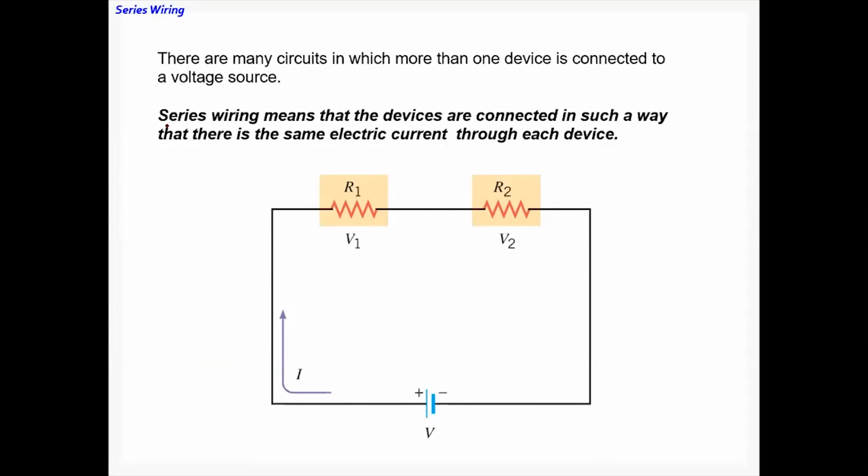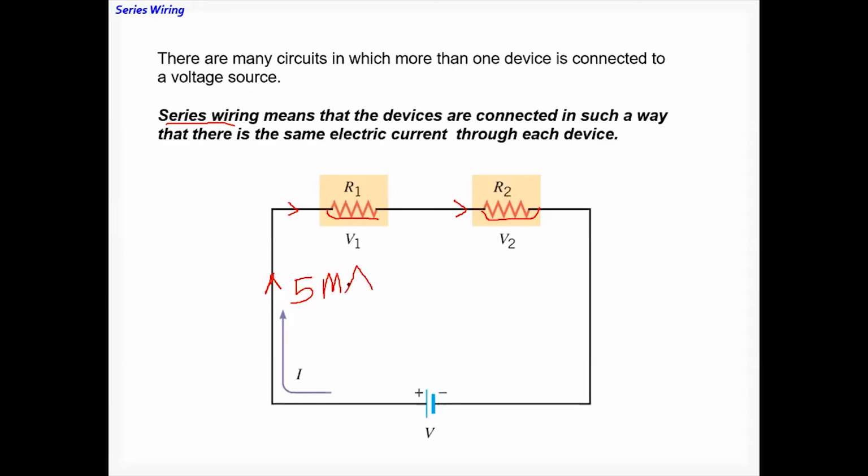Series wiring means that devices are connected in such a way that there is the same electric current through each device. Suppose you connect this resistor and that resistor in this fashion. Then whatever current passes through this branch will pass through R1, and also through R2. Suppose this is 5 milliamp, because 5 amp is a very huge amount of current.